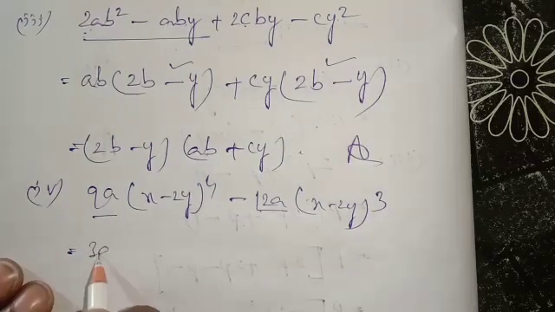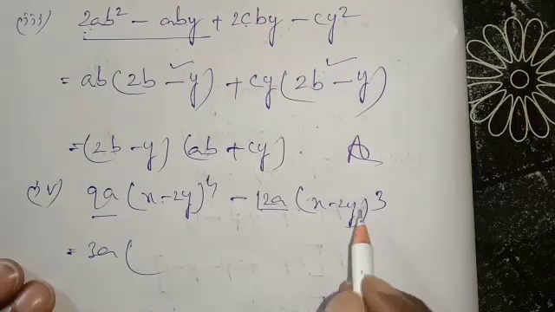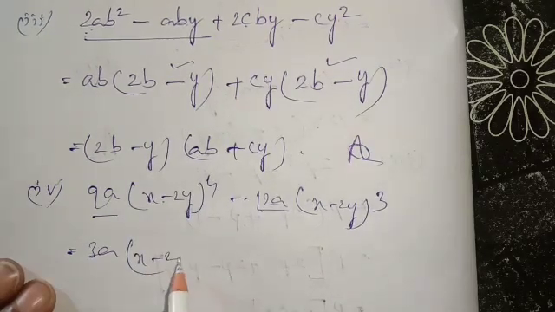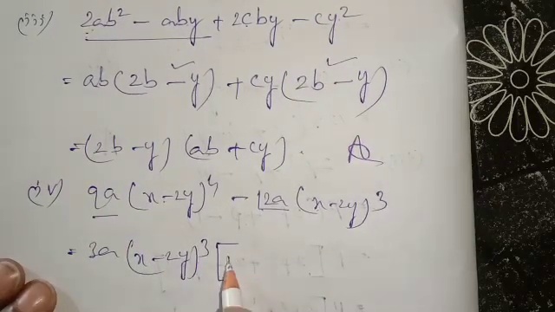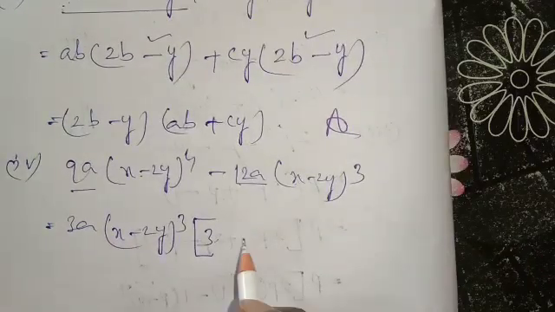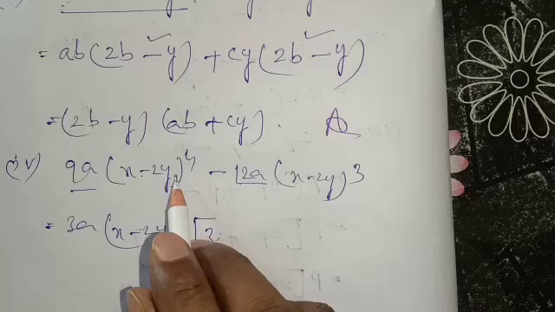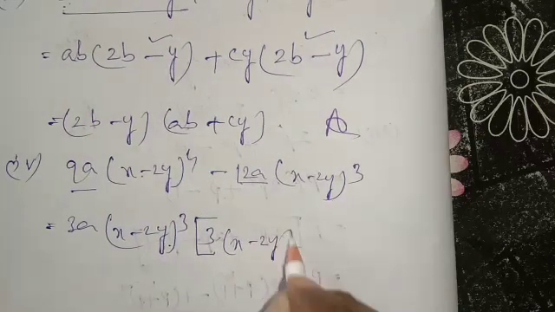You can take 3a common. And here (x minus 2y) to the power 4, (x minus 2y) to the power cube. Means (x minus 2y) whole cube you can take common. What is left here? 3 left out of 9a after taking 3a common, and (x minus 2y) left.